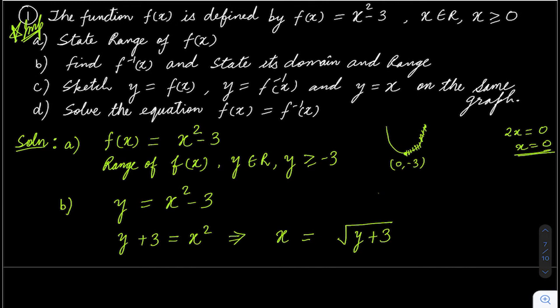Correct? And we know this, whenever you have a square and you are taking a square root, you will have a plus and minus sign here, right? So let me write here separately, you will get two values of x. Either x is square root of y plus 3, or it is minus square root of y plus 3.